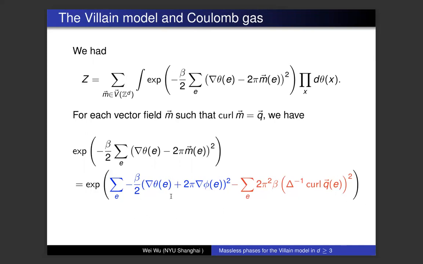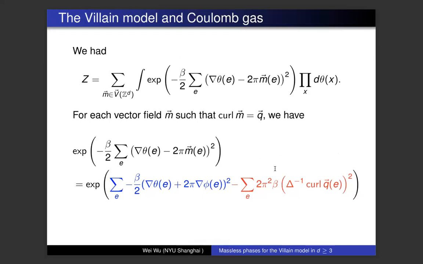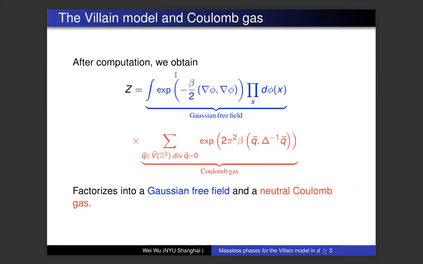The first part, if you combine this theta, which is an angle between 0 and 2 pi, and this gradient of an integer-valued field, you can rewrite it as an integral just on the real line. This gives you an ordinary Gaussian free field. And the second part, if you rewrite it, is going to give you a Coulomb gas.